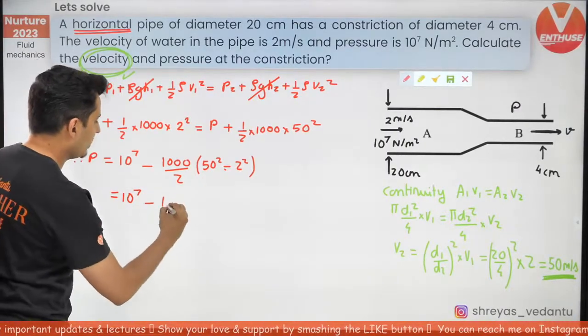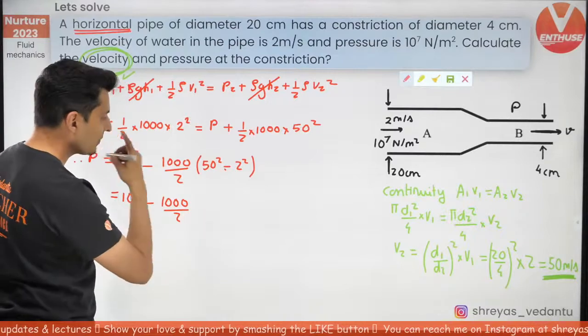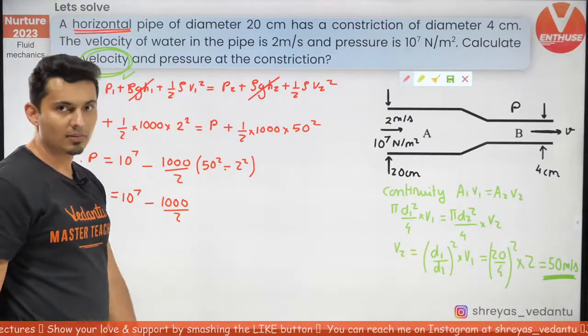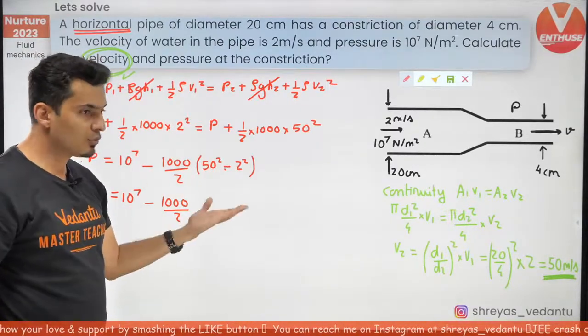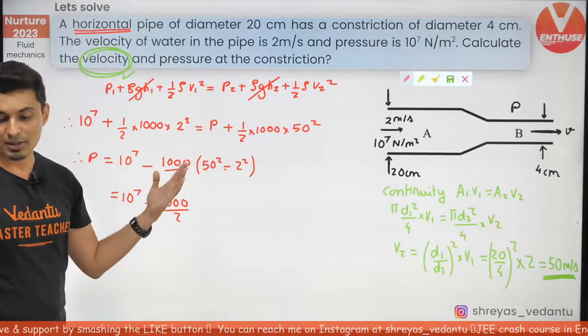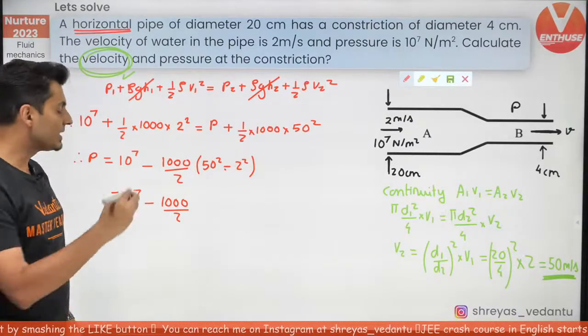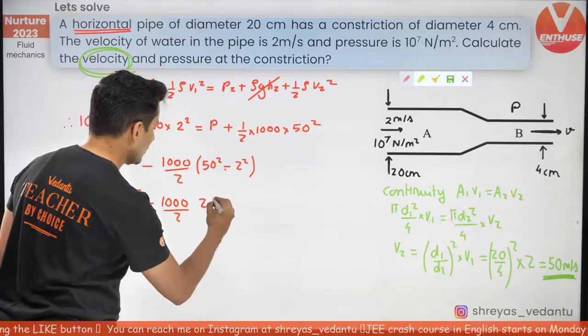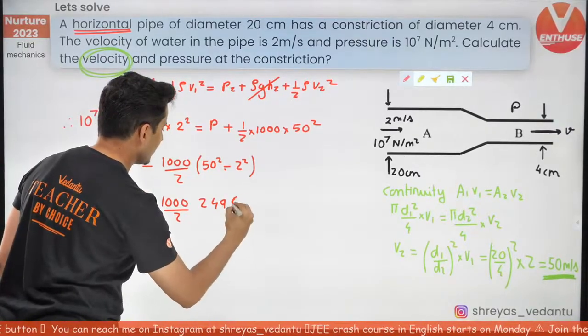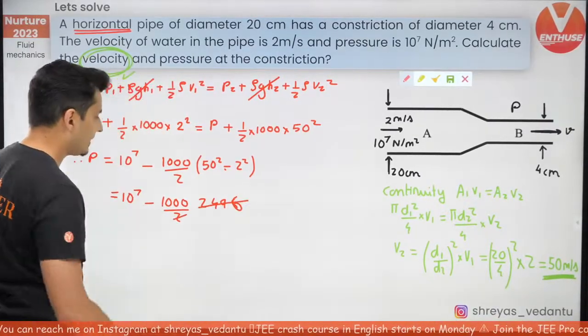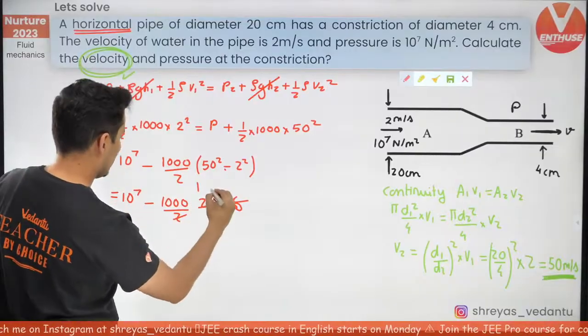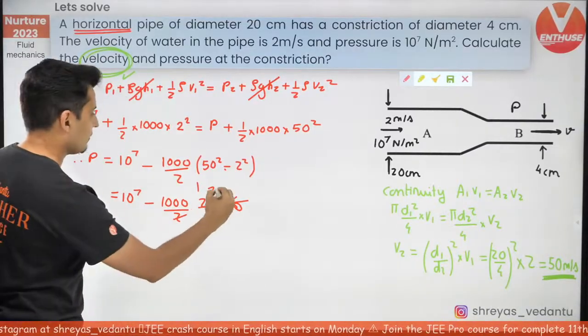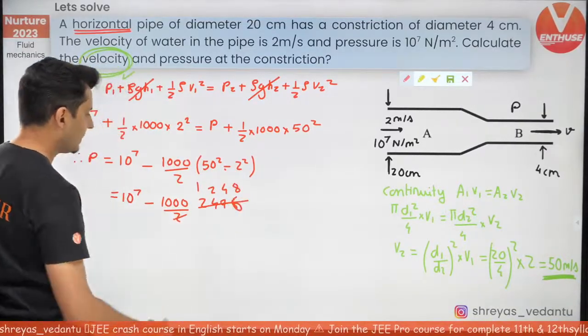And let's see what we can do over here. 1000 divided by 2. 50 square, that's 2500 minus 4, correct? 2500 minus 4, that's going to be just 2496. And this will go half times, so this will be 1248.